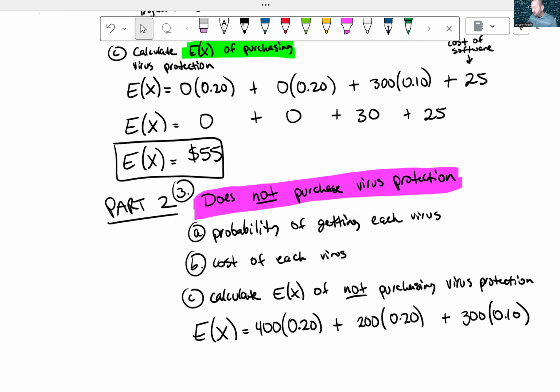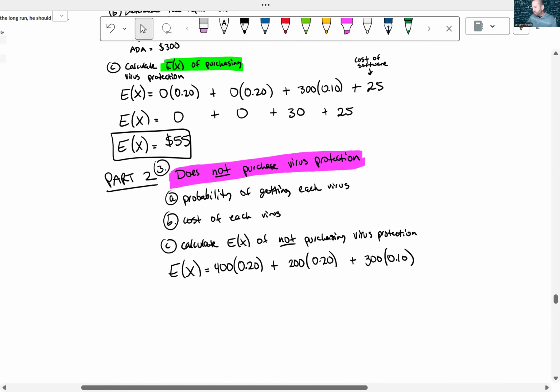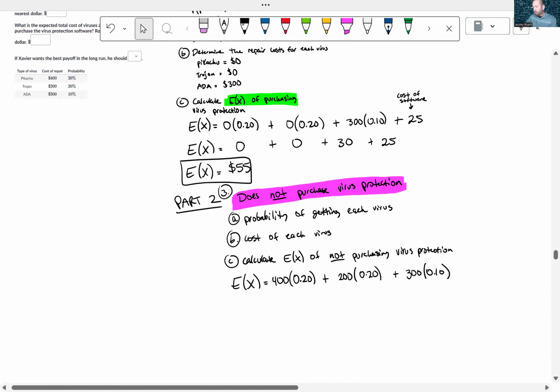Okay. So again, we're not adding anything extra. We're just using the total cost of each virus times the probability. This is the easier solution to do because we're having to pay for each of these viruses, and we're not buying virus protection. So we're just using all of what's on our table here to find the expected value.